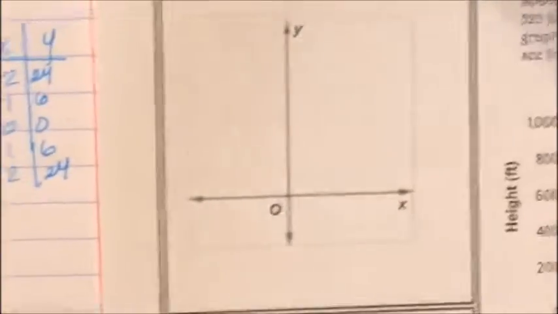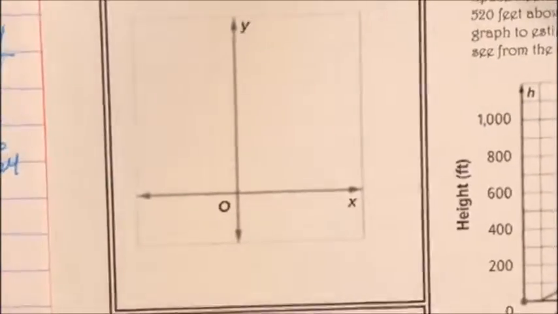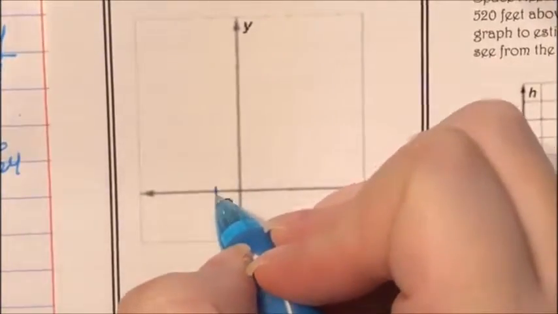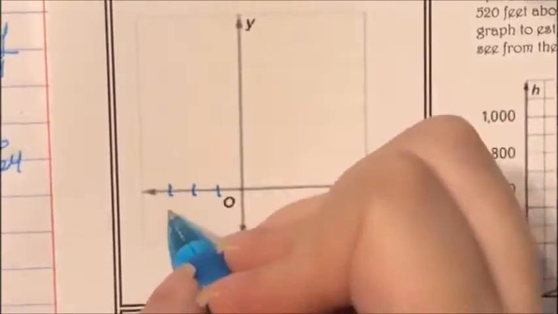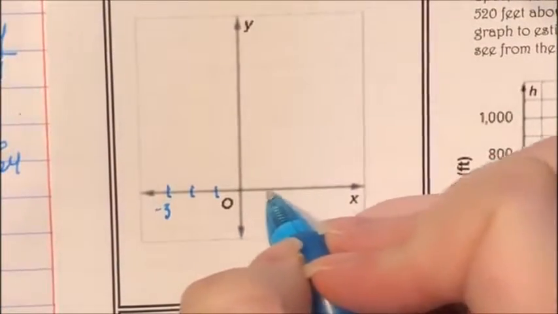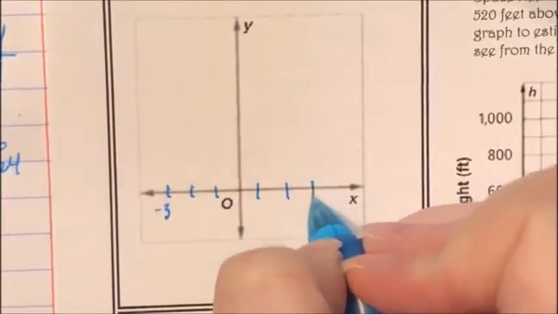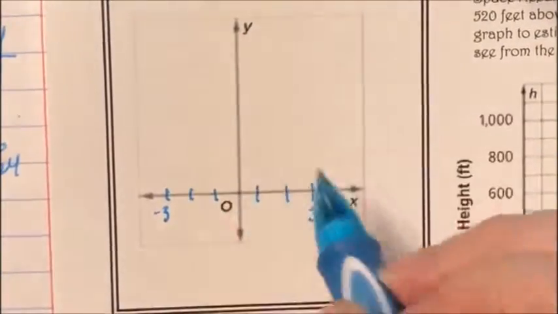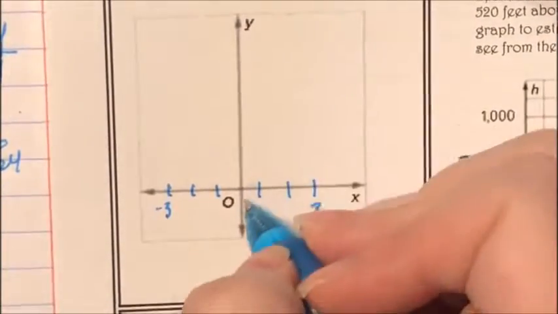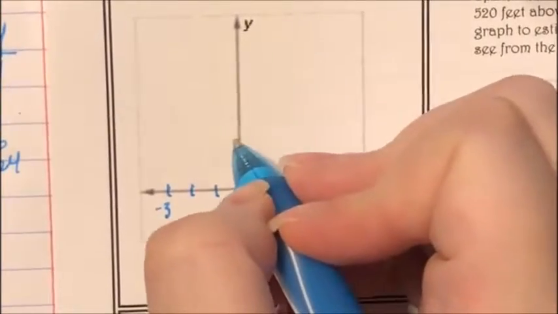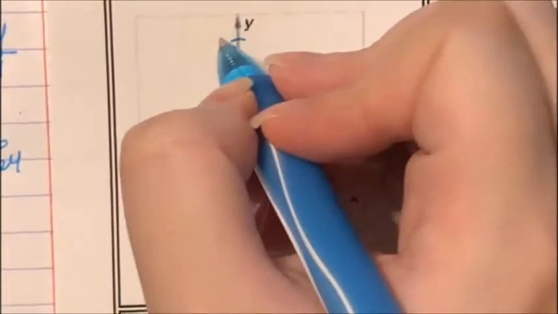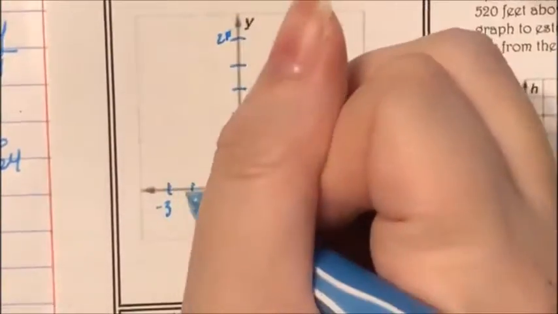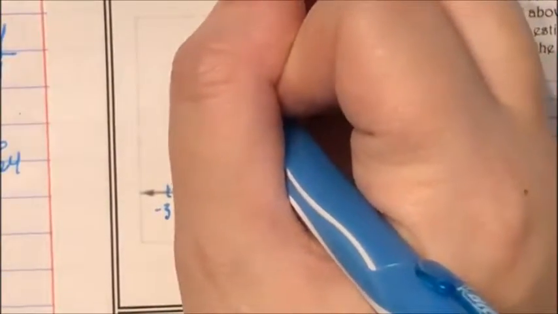Okay, then I can go ahead and graph this. So my first point was -2, 24. Okay, so it's up to -3. Okay. This parabola will open upward because it is a positive coefficient. 12, 16, 20, 24. Okay, so there will be 24. So -2, 24 is right there.